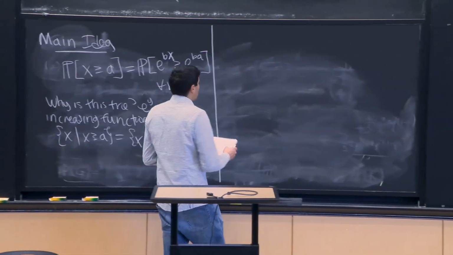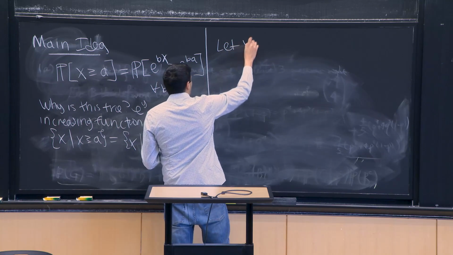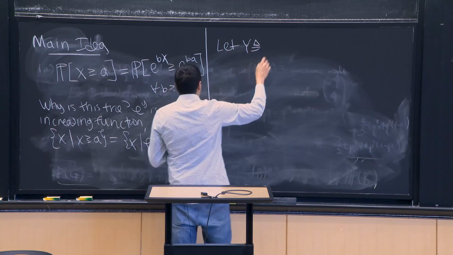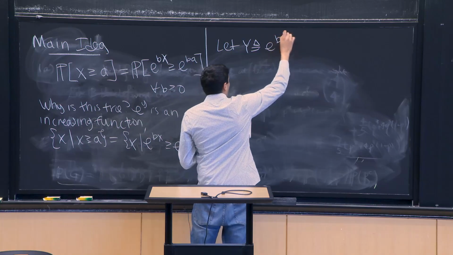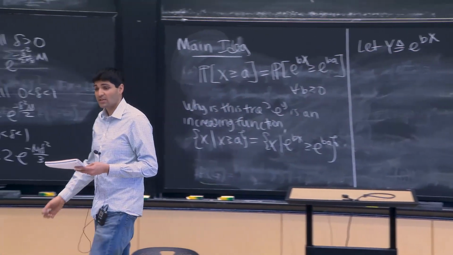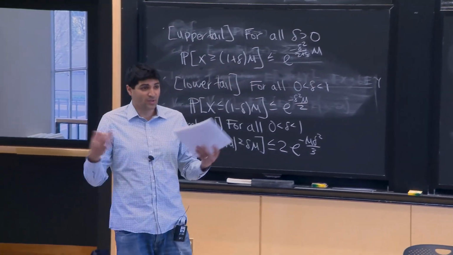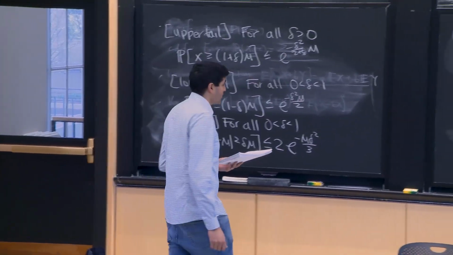And so now exactly like in the proof of the Chebyshev bound, I'm going to define a new random variable, y, which is e to the bx. So this is a really interesting trick. Just like for Chebyshev, I defined a new random variable y, which was the square compared to the expectation.